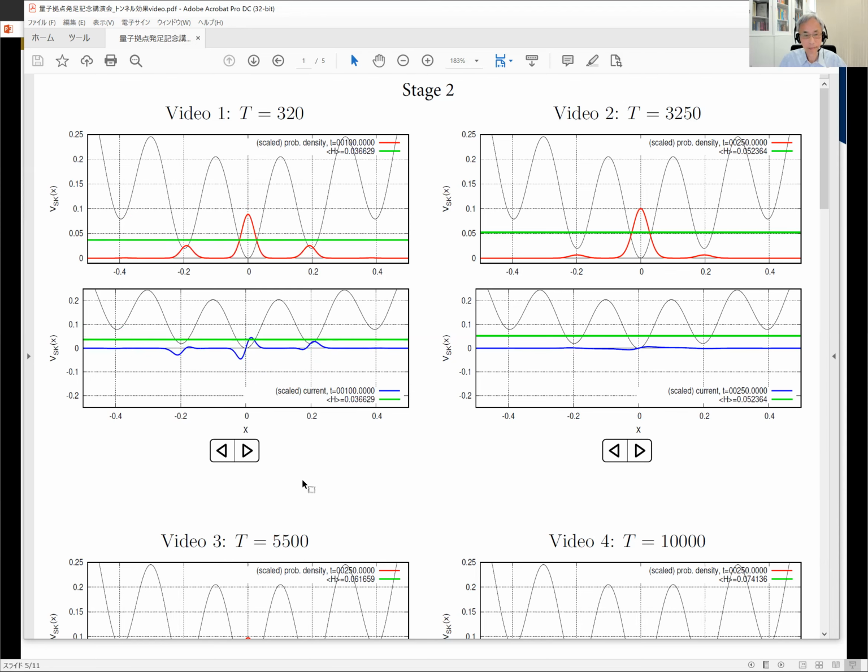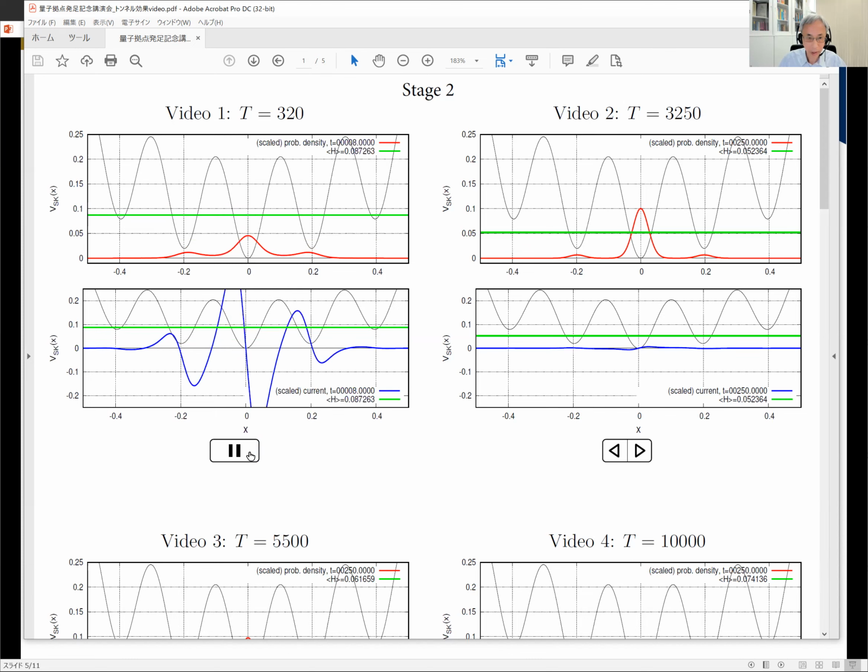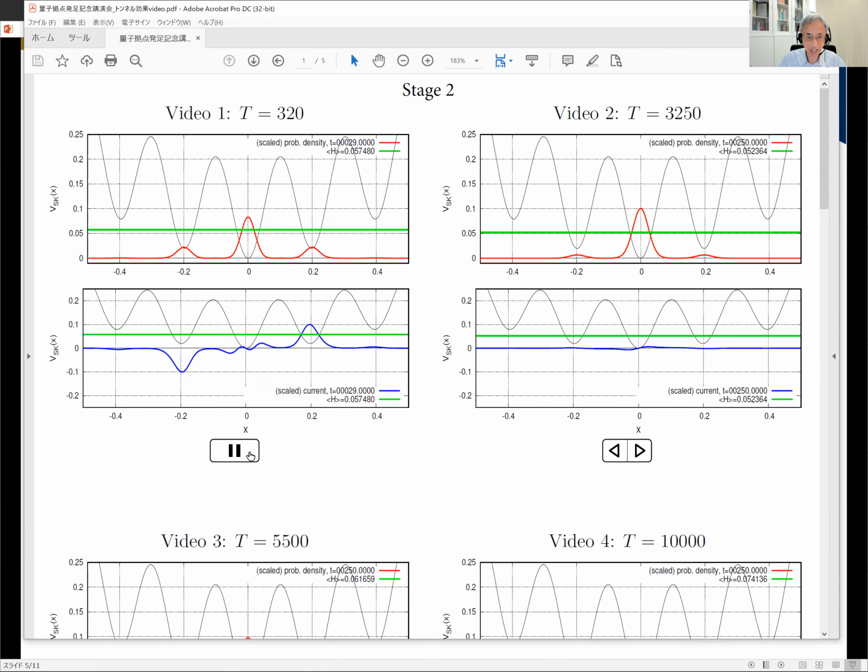And second, look at this blue curve, which indicates the probability current as a function of time. So it oscillates. For instance, at this instant, the current for positive x is negative, which means that the probability goes toward the center.